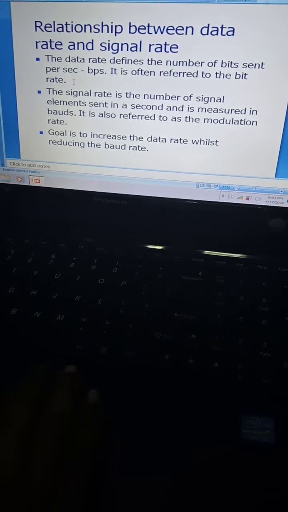So 1 lakh divided by 2, that is 50,000 bauds, or 50 kilobauds. So using the bit rate, we can calculate either the baud rate or the signal rate using this formula.